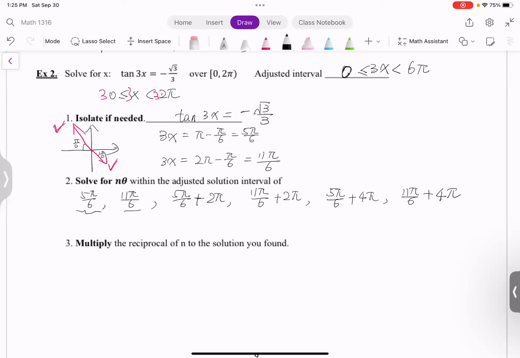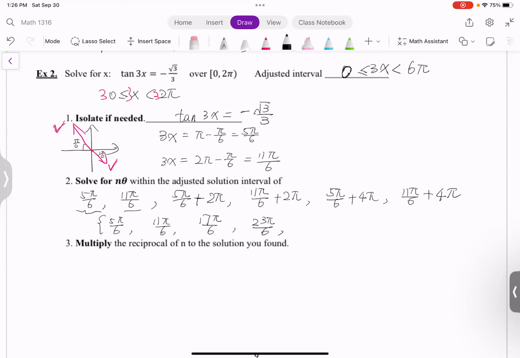Let's reduce the form, combine the pi and pi, the like terms. We have 5 pi over 6, first solution, 11 pi over 6. And next, we need to combine them together. 5 plus 12 is 17 pi over 6. And 11 plus 12 is 23 pi over 6.